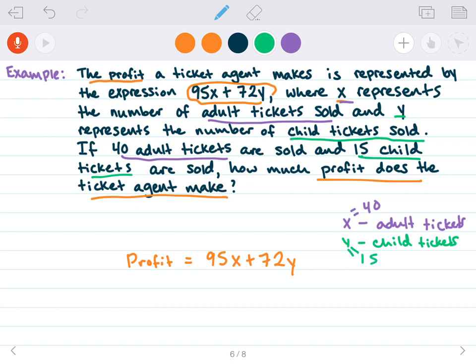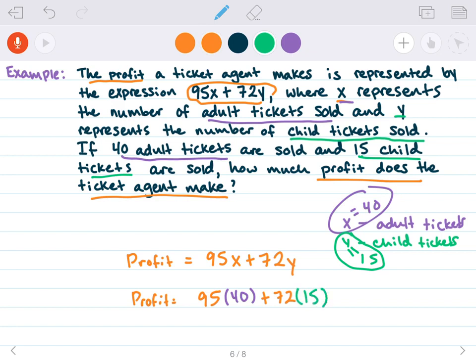All right, 15 child tickets. So now I can just replace x with 40 and y with 15 into my profit expression. So anywhere I see an x, I'm replacing with 40. So I have 95 times 40 plus 72. Anywhere I see a y, I'm replacing with 15.